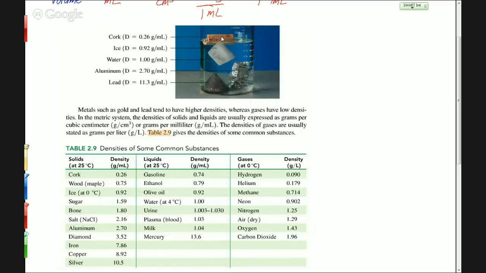And this would be true not only with solids, but with liquids as well. If you see a puddle outside, you know how sometimes you see some rainbowy colors on the top? Anybody know what that's from? Oil.